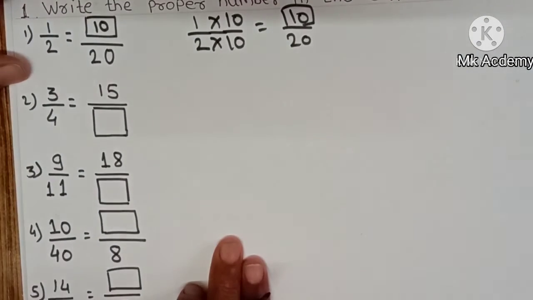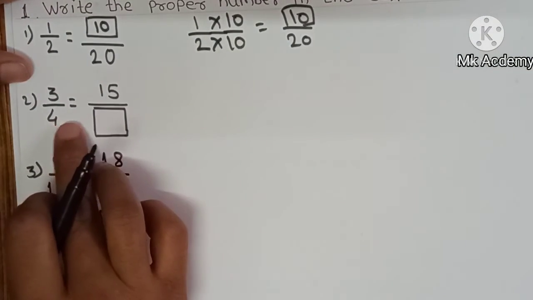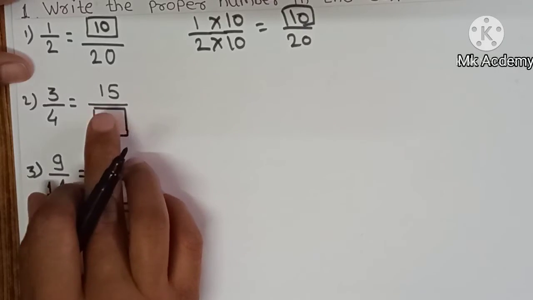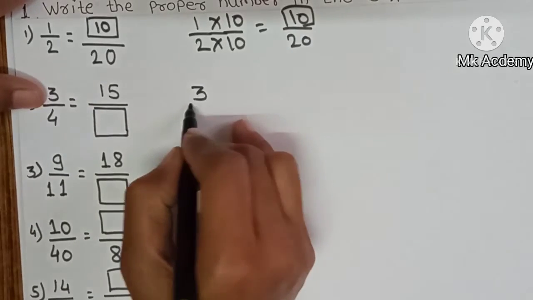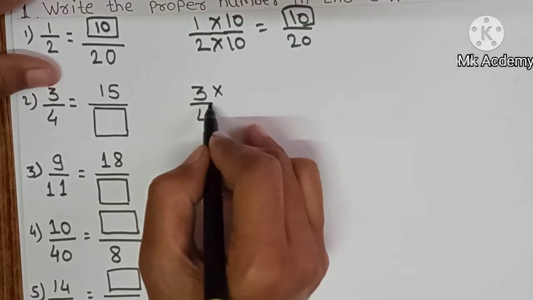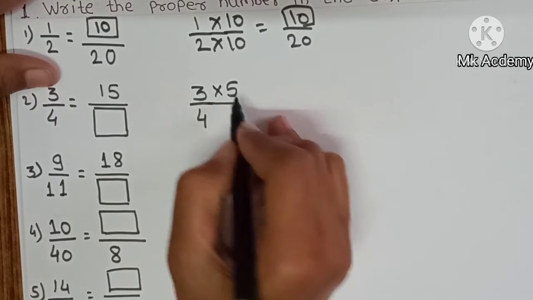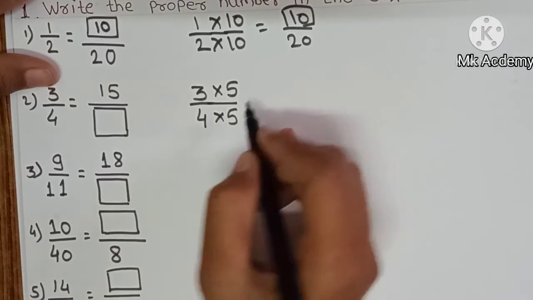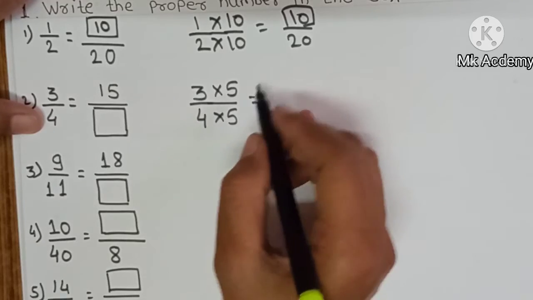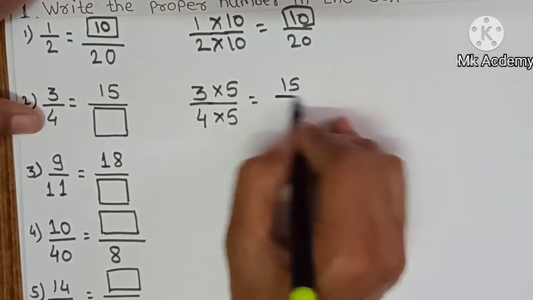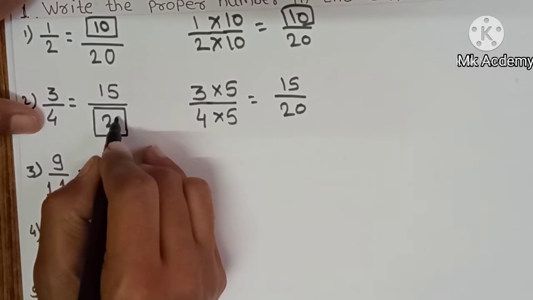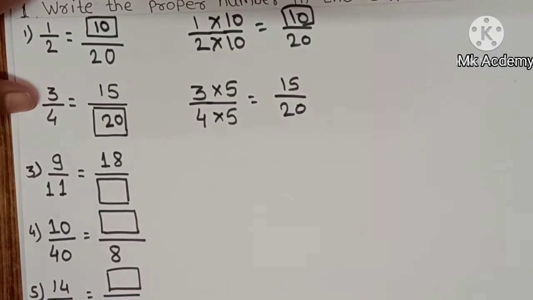Now example number 2, 3 by 4 is equal to 15 upon box. Then you first write this fraction 3 by 4. Then if we multiply 3 by 5, we multiply the numerator by 5, and the denominator also by 5. 5 3s are 15, 5 4s are 20, means we have to write 20 in the bracket. Understood?